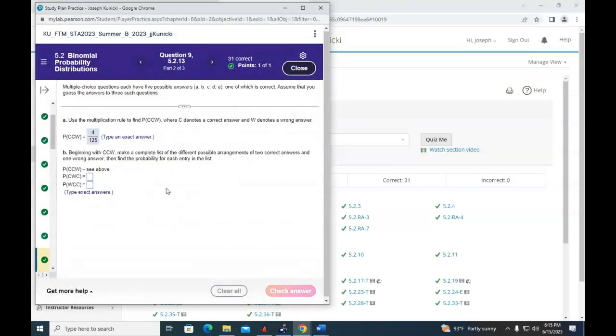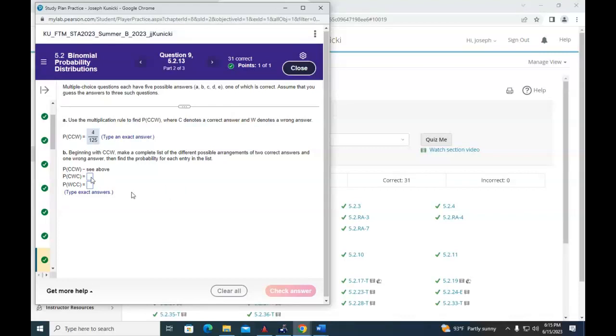Okay, so what's the probability of CWC? It's the same exact probability, isn't it? It's just a different ordering.